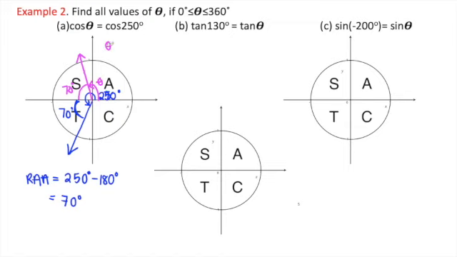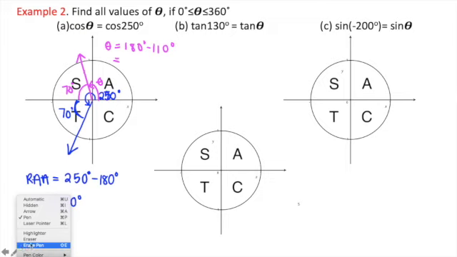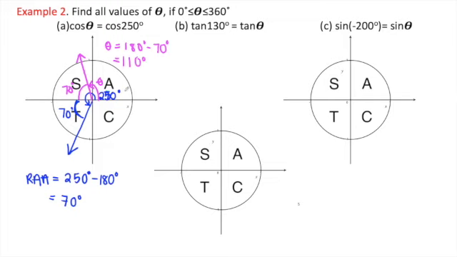You simply are going to take 180 degrees, subtract 70 degrees, and then you are going to get 110 degrees. Okay, so therefore theta is equal to 110 degrees. So you know that one theta would be 250 degrees. It was already given to you. The other angle is 110 degrees.